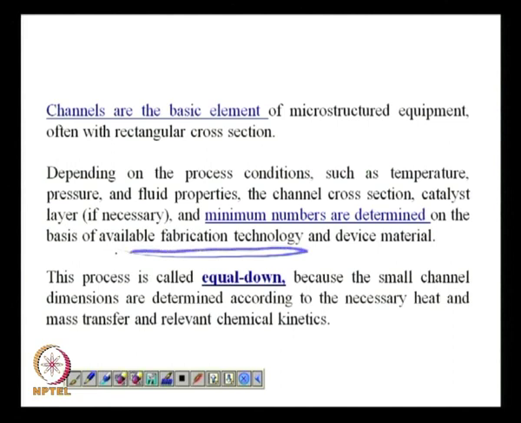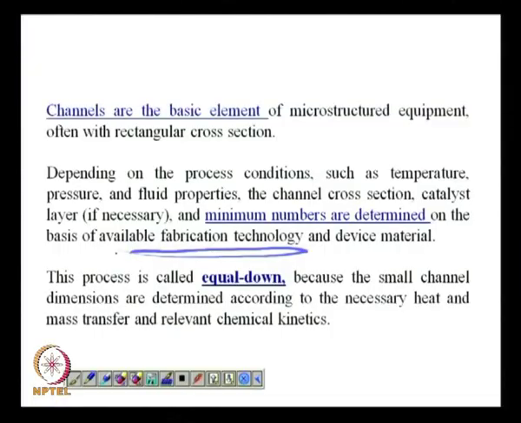This process is known as scale down. The smallest possible channel dimensions are determined depending on what is available to you, and whether heat and mass transfer and the chemical kinetics, which one is which dimension you would like to reduce. Are you going to reduce the length, or are you going to make the two walls very close to each other, because these are going to give you fundamentally different conversions.